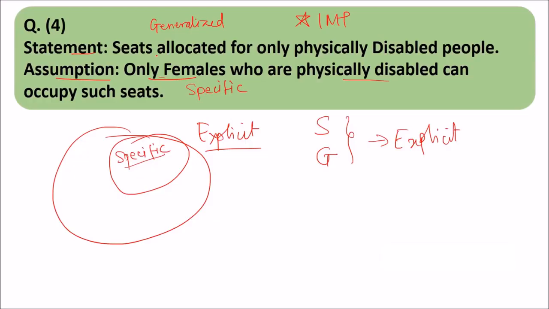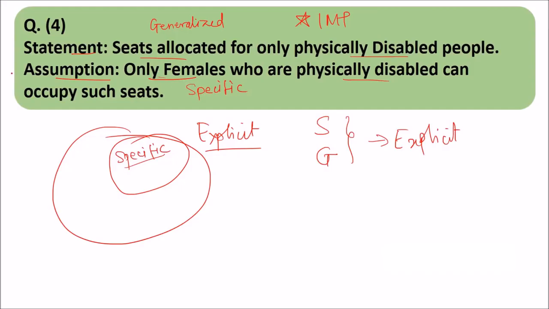If they say that seats are allocated for only females who are physically disabled, and the assumption would be that all the physically disabled people can occupy such seats, then also it is wrong, right? Now in this step, if you look at it logically or using common sense, you can easily understand that the statement says all the physically disabled people can sit on those seats, and they are assuming that only the females who are physically disabled can occupy the seats.